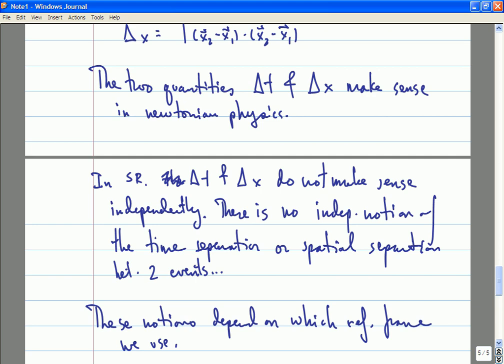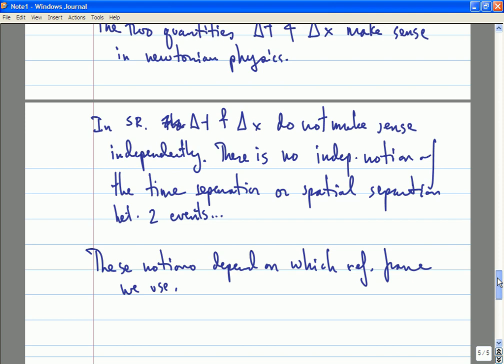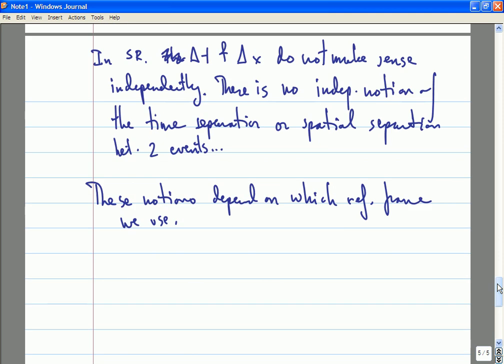In special relativity, however, there is one independent notion which does make sense in and of itself. And that is the notion of the invariant interval.